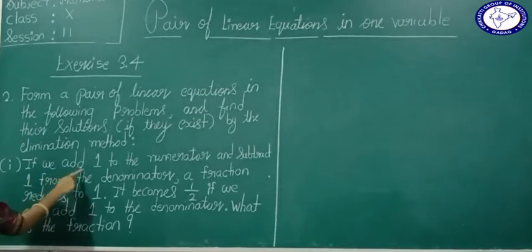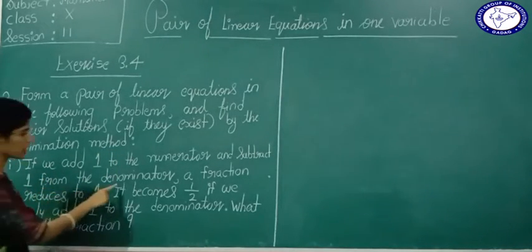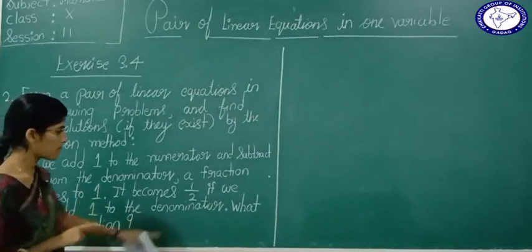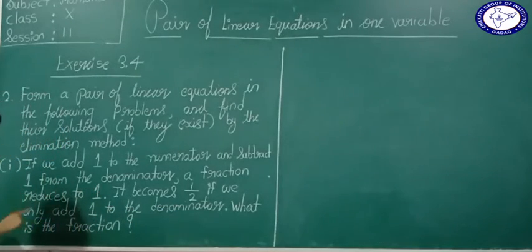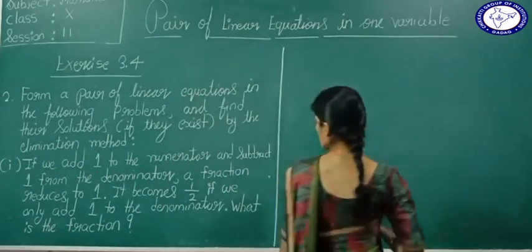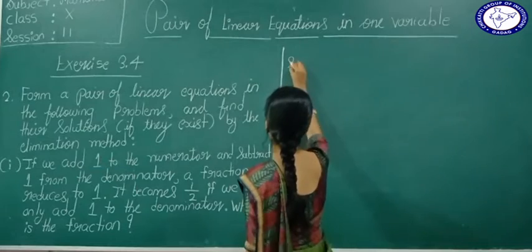If we add 1 to the numerator and subtract 1 from the denominator, a fraction reduces to 1. It becomes 1 by 2 if we only add 1 to the denominator. What is the fraction? Let's see a solution.